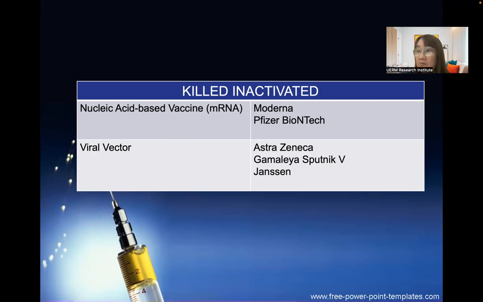A viral vector vaccine contains a modified version of a different virus other than the one that causes COVID-19. Inside the shell of the modified virus, there is a material from the virus that causes COVID-19. This is called a viral vector.